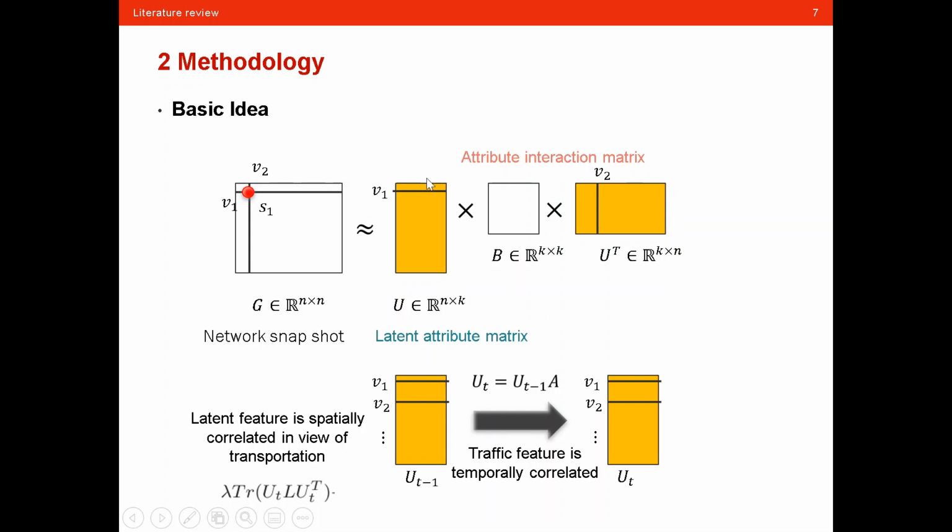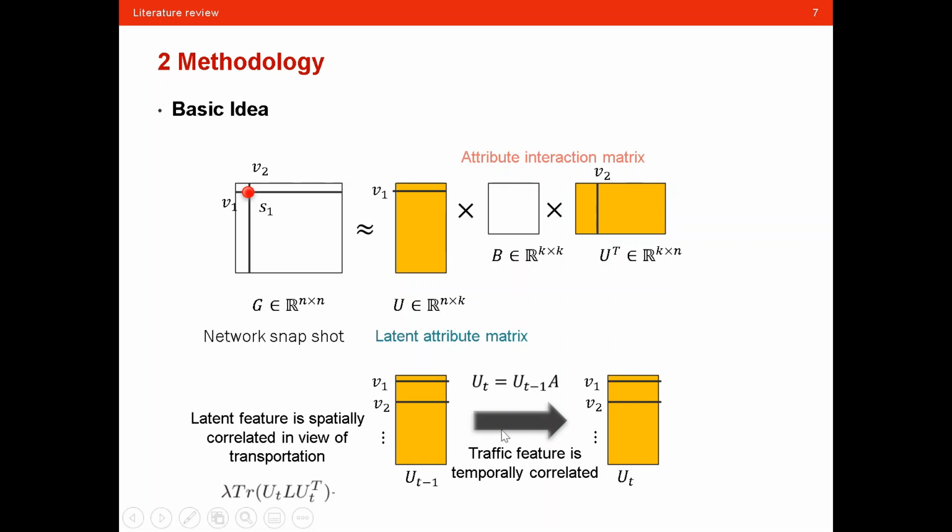Then, as you can see, there is something special in the latent attribute matrix. Each row corresponds to a vertex in the road network, and the latent feature is spatially correlated in view of transportation. So the author applied graph Laplacian to add an additional constraint to this problem to enhance the spatial correlation.